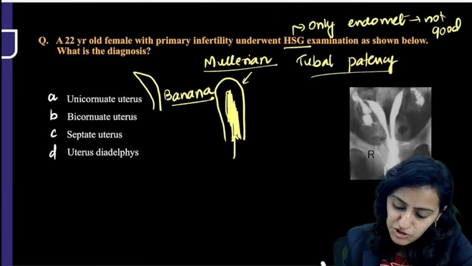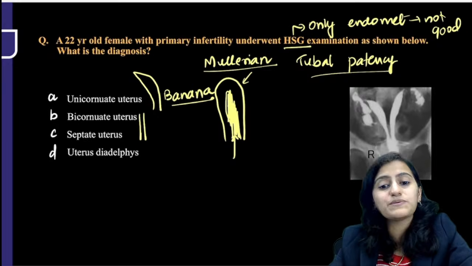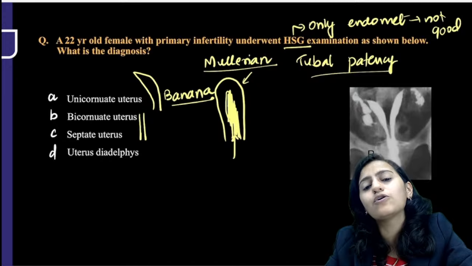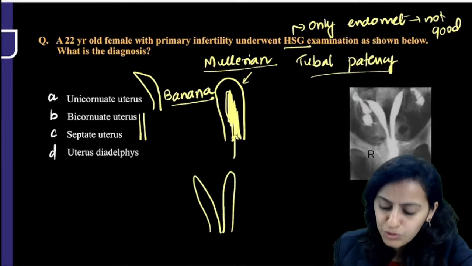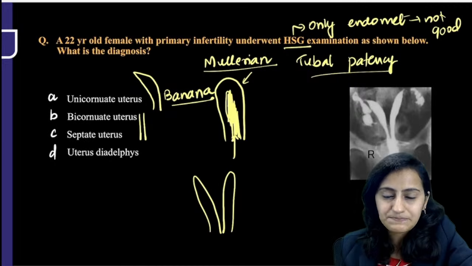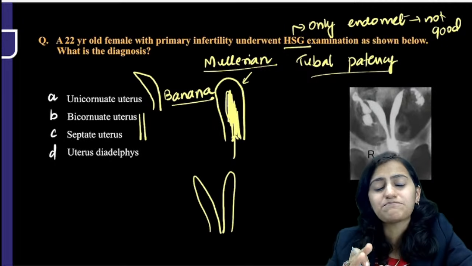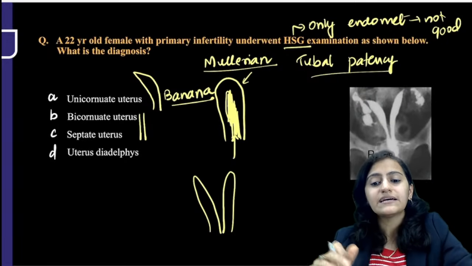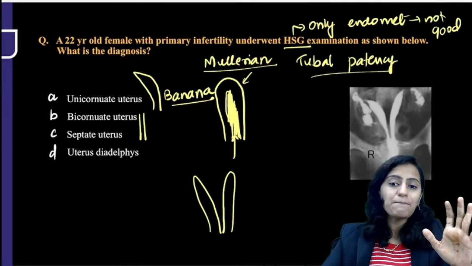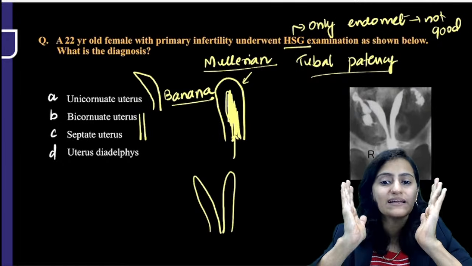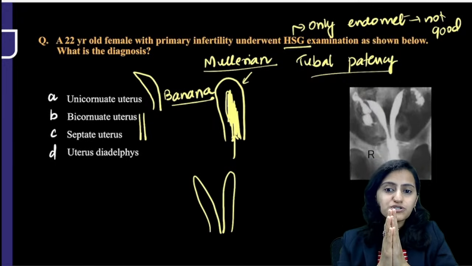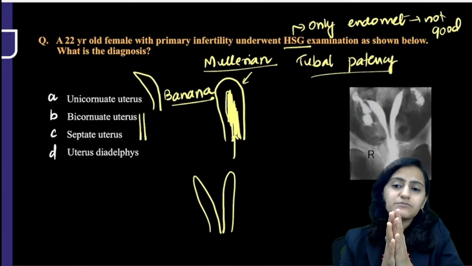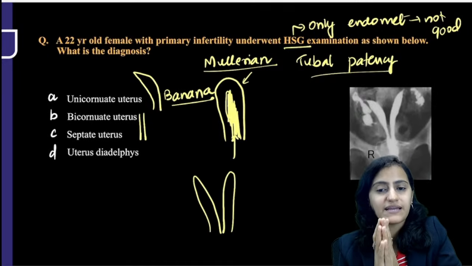Now, where the confusion comes is differentiation between septate and bicornuate uterus, because both of them will show two endometrial cavities. So what is the difference? During uterus development, there are two Mullerian ducts which come in the midline and fuse together, and then the septum is removed to form a single uterine cavity.